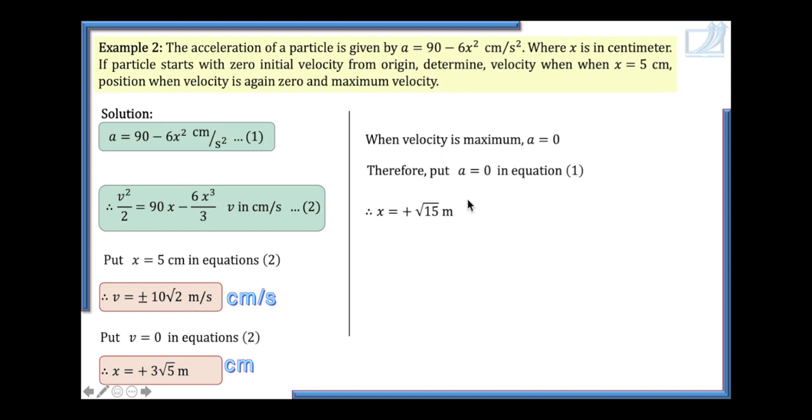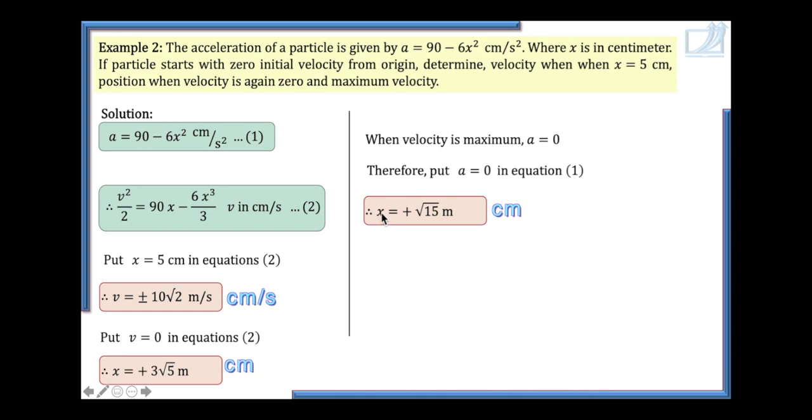But I have chosen the positive root here and that is the answer. Now this is very important to understand, that for x I am using only the positive root because x is position, x is a vector quantity, position is a vector quantity. So positive negative sign defines direction.